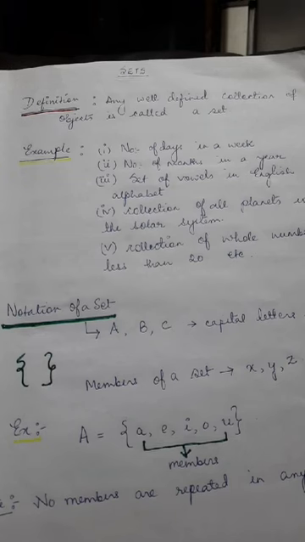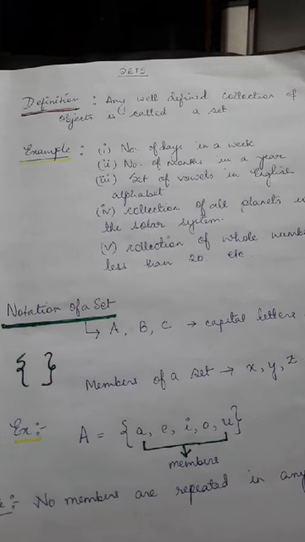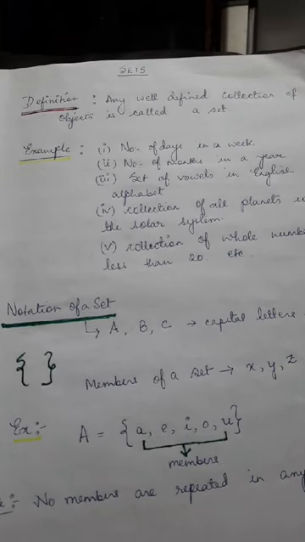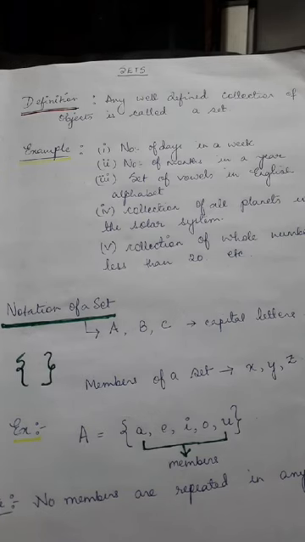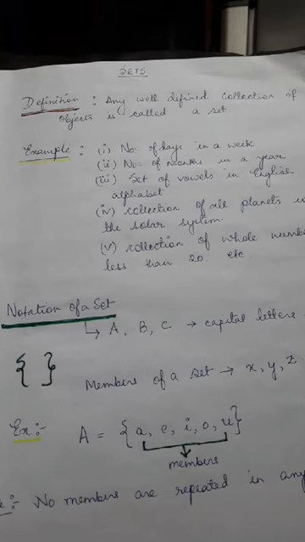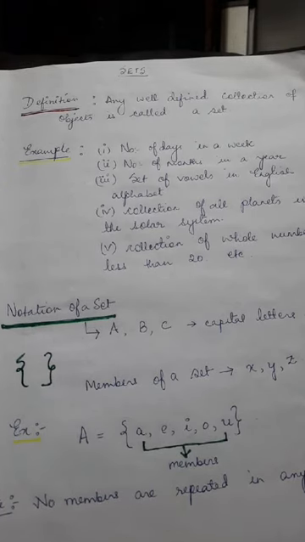Now, what is the notation of a set? How do we write a set? We write a set by means of capital letters. That means a set is usually denoted by capital letters like A, B, C, D, E, F, G. The method to write a set is that you write the members within curly brackets.